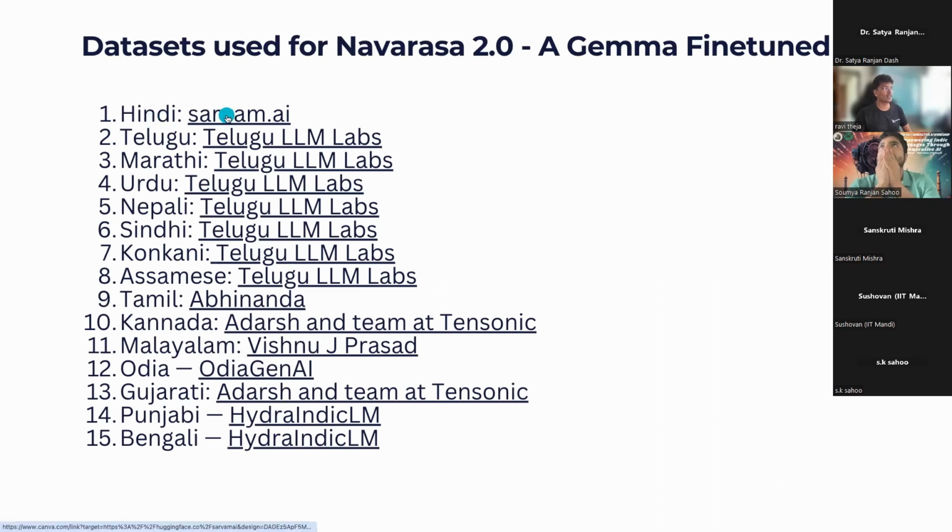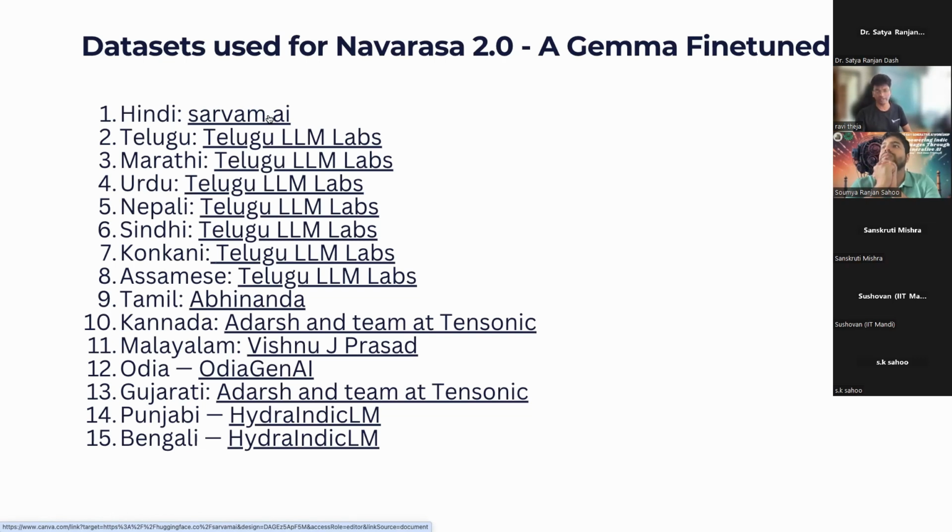So for Hindi, we have taken Sarvam AI's latest dataset, the Samvaad dataset. It is a multi-turn conversation dataset, but since our other datasets are singleton, we wanted to make sure this is also a singleton dataset. So we just took the first turn of the multi-turn conversation in each sample and made a dataset out of it.